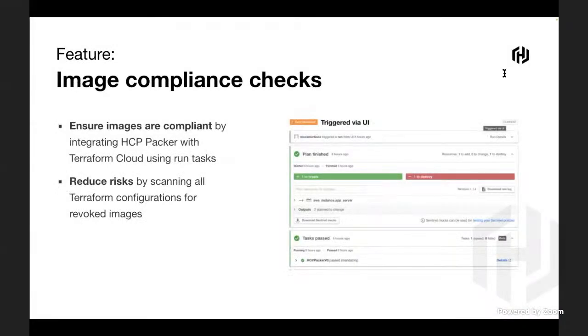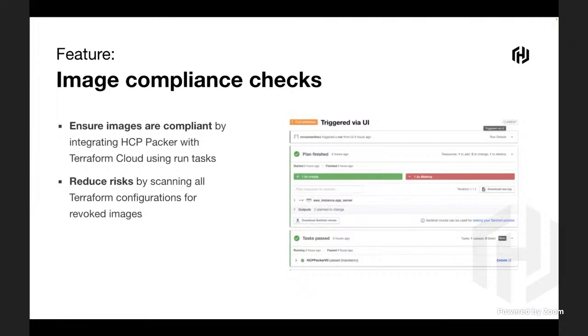And yeah, this feature is for all HCP Packer users with a plus tier licensing. First, the run tasks will check your Terraform code for hard-coded machine image IDs and check if images are tracked by HCP Packer.